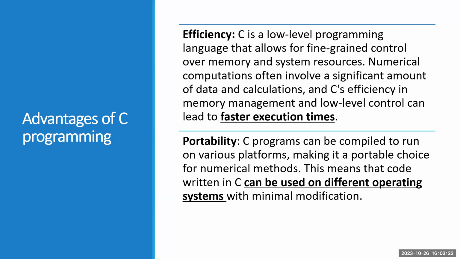C is also highly portable, meaning that programs written in C can be used on different operating systems with minimal modification. This cross-platform compatibility is a significant advantage when working on numerical methods that need to run on various environments.